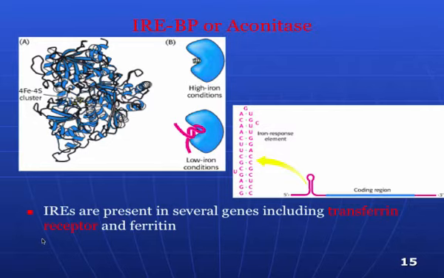In high iron conditions, it would bind that sulfur cluster and look like this, and then it would function as an enzyme. In low iron conditions, this same protein now has a different structure. It instead binds this molecule, which is an iron response element in mRNA.